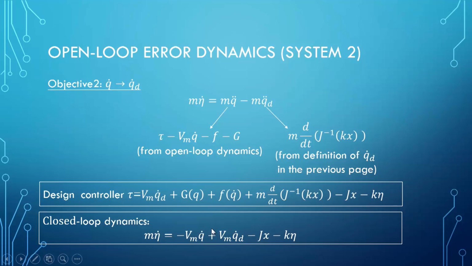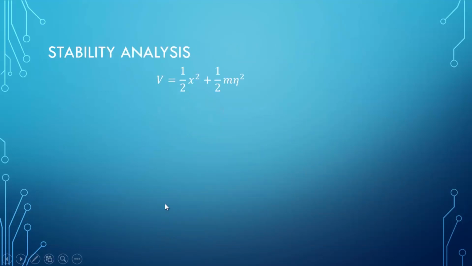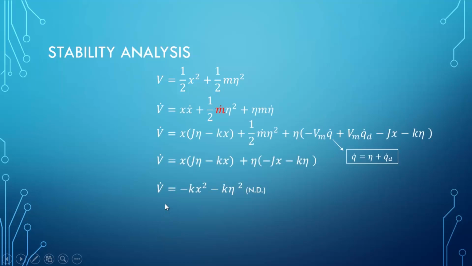Next, you can substitute the two closed loop systems into the Lyapunov function and do the analysis. The cross terms will be canceled out, nonlinear terms can be canceled out, and you can get a negative definite system. That shows both signals x and eta will converge to 0 asymptotically, with asymptotic tracking.